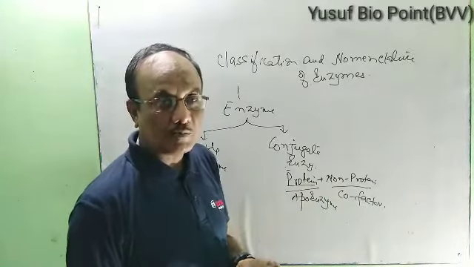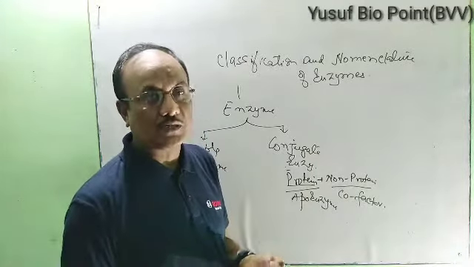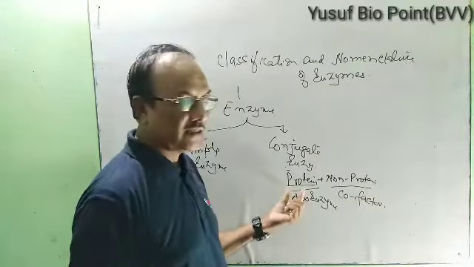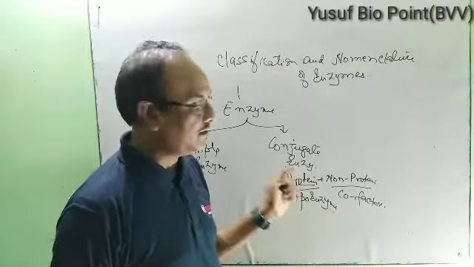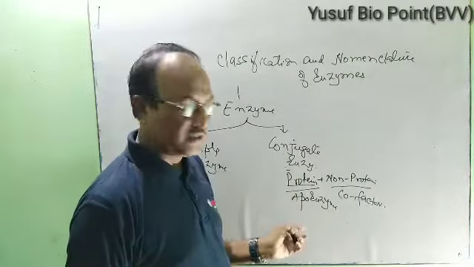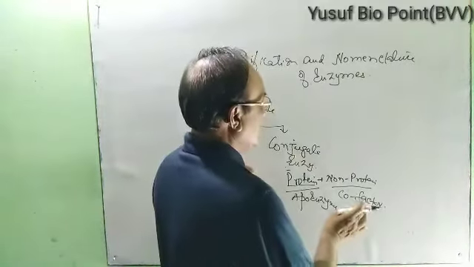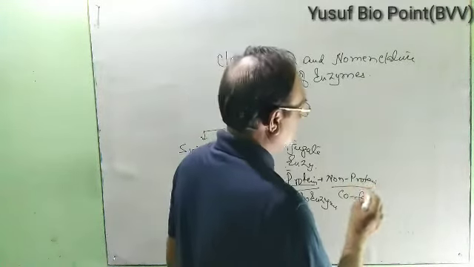That non-protein part which is attached to the simple protein or proteinaceous part is called cofactor, and the enzymatic part is called apoenzyme.